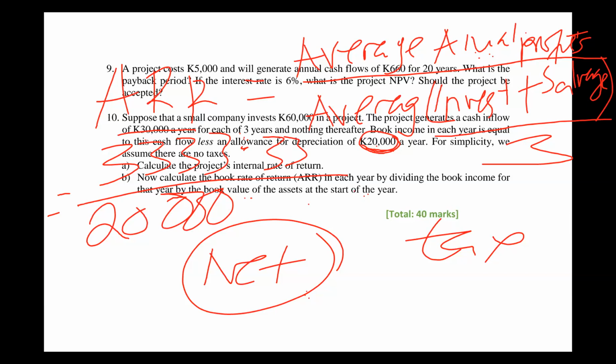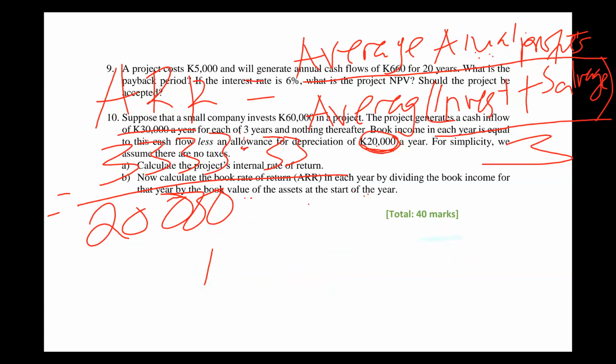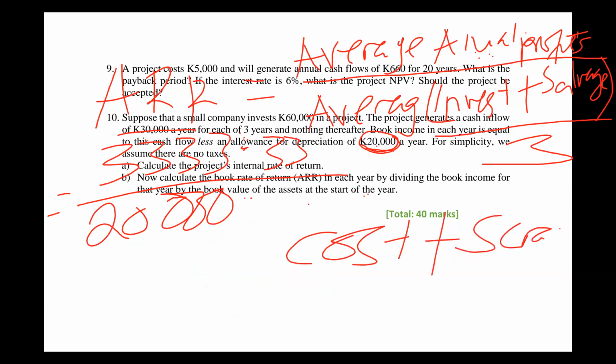Now, it is that annual profit of the year that you should divide by the number of years of that asset or project, so that you can find the average annual profits, and divide by the cost of the investment plus the scrap value of that asset, everything divided by the number of years.